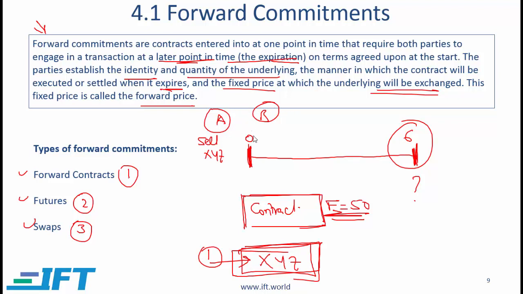So two parties agree on the underlying, the quantity, and whatever terms they want to agree on, put those terms in this contract and sign the contract. So it is a customized private contract between two parties. But the major characteristic here is that both parties agree to do something at a later point in time. Futures contracts are similar except that they are exchange traded, so they are standardized. And swaps represent a series of cash flows which are exchanged, and we'll see this in more detail later.